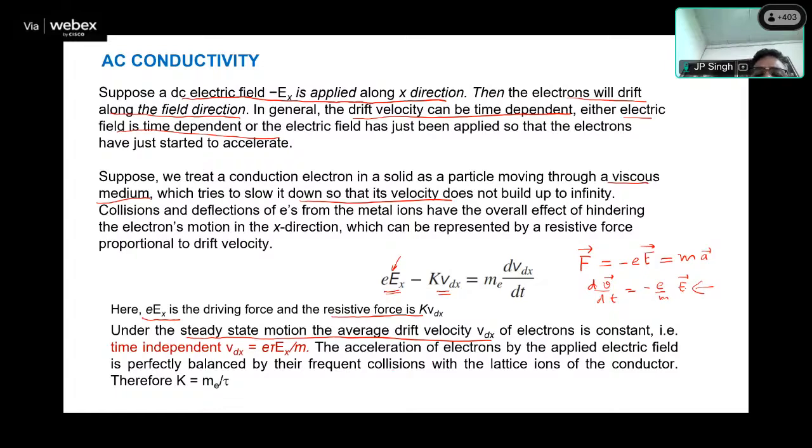Because there are frequent collisions, the acceleration of the electron by the applied electric field is perfectly balanced by collisions with the lattice ions. So the drift velocity will be constant, and if I put that, this will be 0. So I can figure out my k, the constant here, is simply m by tau.